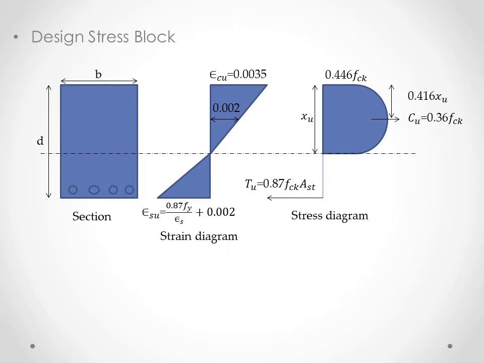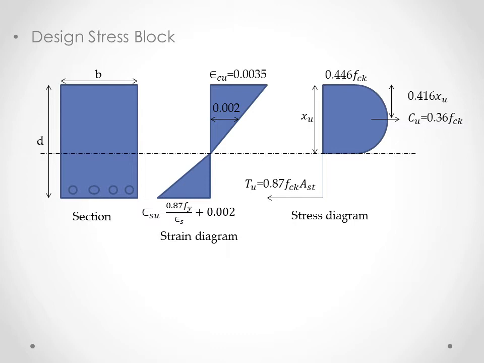XU is the neutral axis depth, and the distance between CU and the top, indicated above the arrow, is 0.416 XU, and the stress for concrete here is 0.446 FCK, which is also the maximum stress.